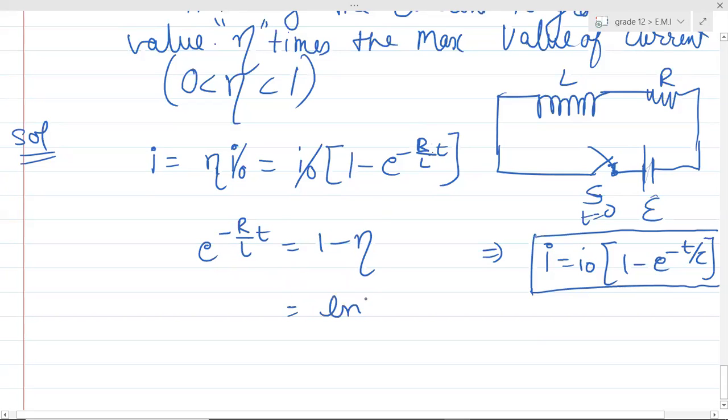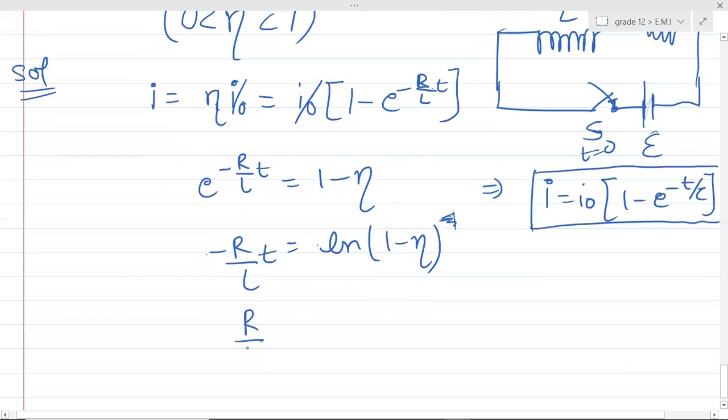So ln of 1 minus eta will be minus of R by L into t, minus sign. When it goes over there, it will go in the power of this. So R by L into t should be equal to ln of 1 upon 1 minus eta, and then this ln R shall be multiplied. Done. That's the answer.